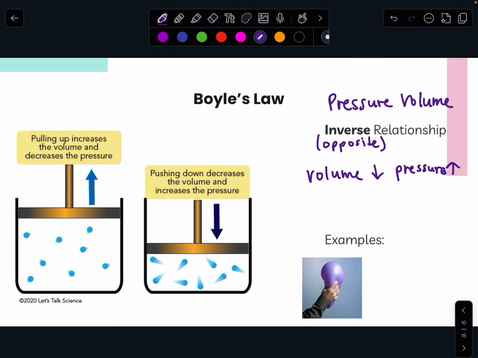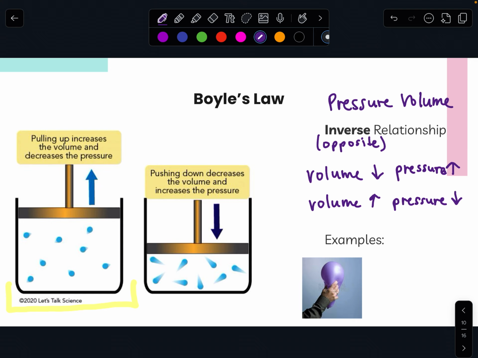Compared to if you were just in the classroom, you could easily move around without bumping into the edges of the room. So in the first picture here, we have a large space. So we have a large volume, and you can see those particles are not colliding with the outside of the container very much, which means they have a low pressure.